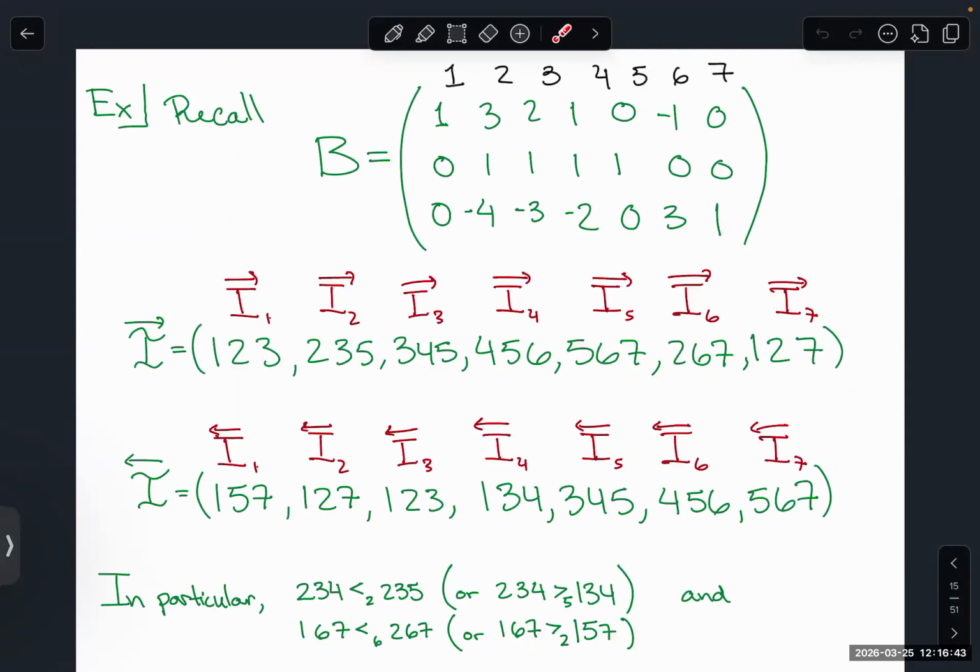So, an example related back to our matrix B that we looked at. To define the positroid corresponding to B, we really only have to look at the Grassmann necklace or reverse Grassmann necklace terms. We only have to find a sequence of seven A-minimal bases or seven A+1 maximal bases. And here they are listed out.